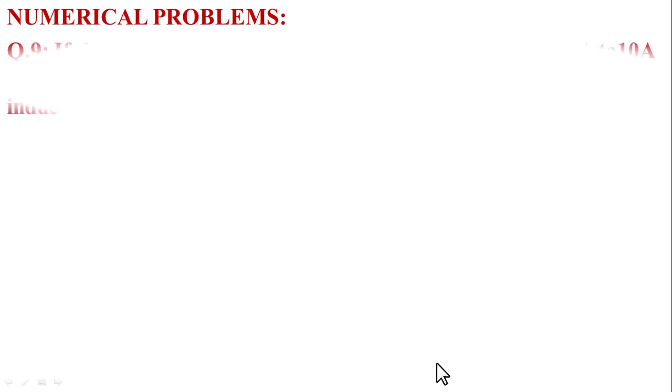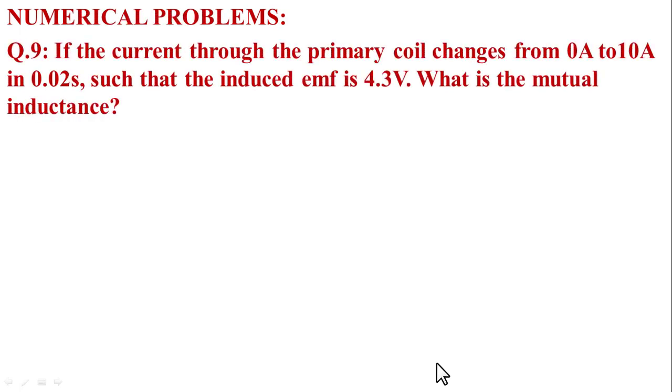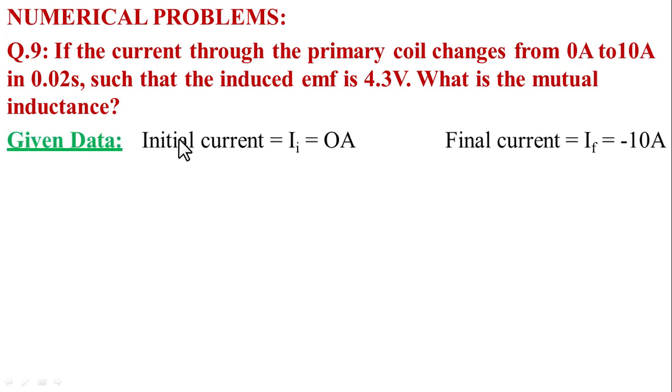Question number 9. Given statement: if the current through the primary coil changes from 0 ampere to 10 ampere in 0.02 seconds, such that the induced EMF is 4.3 volt, what is the mutual induction? Now write the given data.